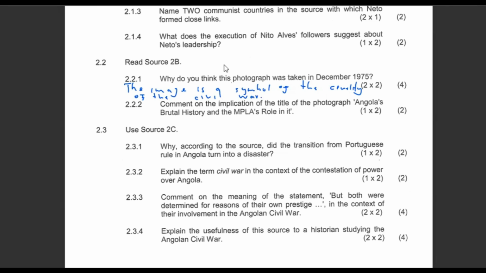All right. The mark allocation says that you need to provide two responses, 2 times 2. So another suggestion is that it also demonstrates the participants of the war.